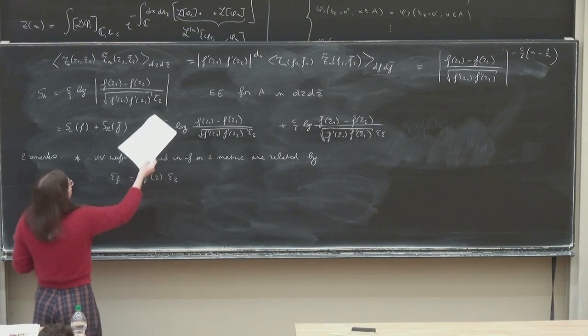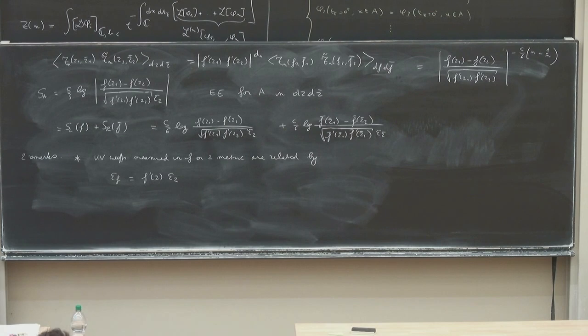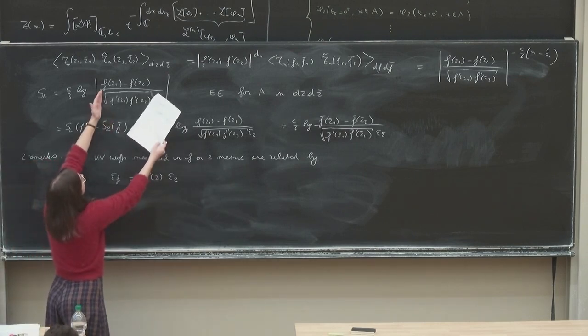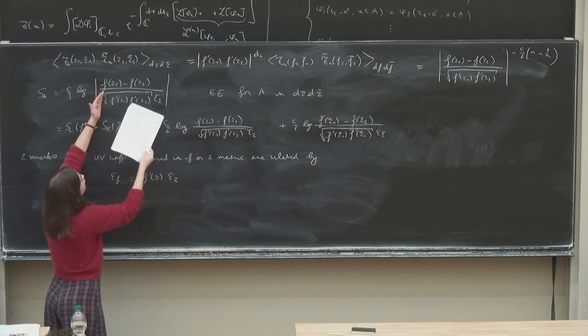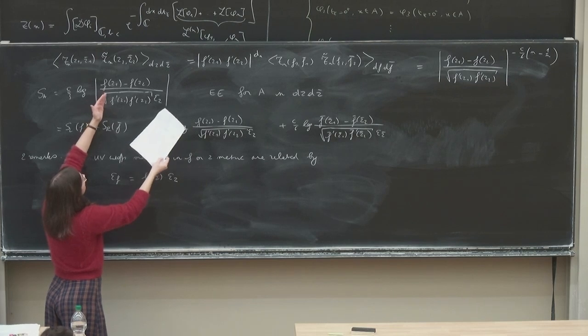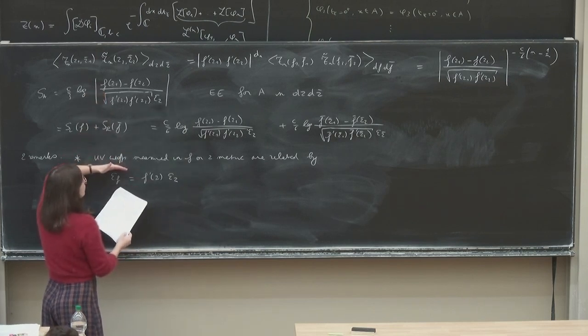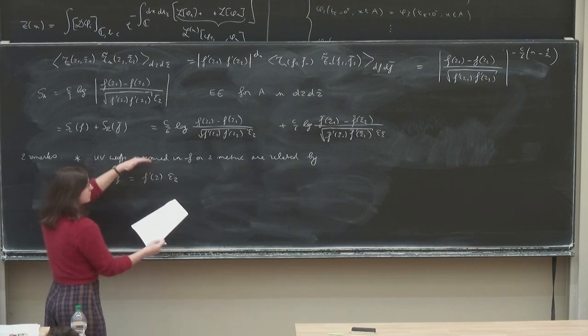The UV cutoff that appears here and the UV cutoff that appears in the planar formula are related by this factor here, but if you symmetrize it over an epsilon at the left point and the right point of your interval, the relation between the UV cutoffs is that the one in f coordinates is f prime of z times the one in z coordinates.